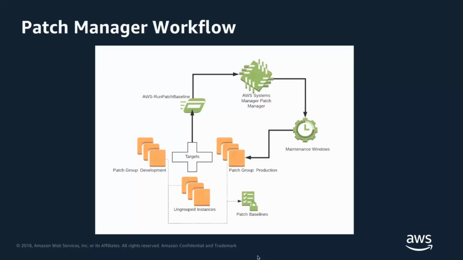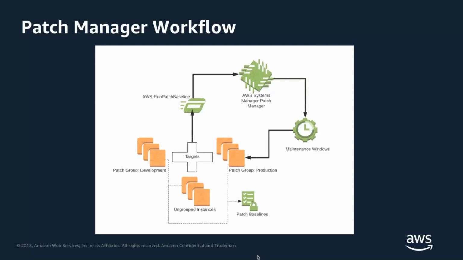So the overall workflow when you're deploying patches using Patch Manager looks something like what you can see in the diagram. You would define a maintenance window that would basically define a schedule when you want to deploy your patches.